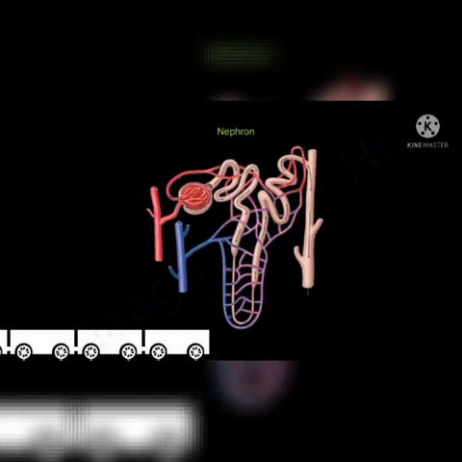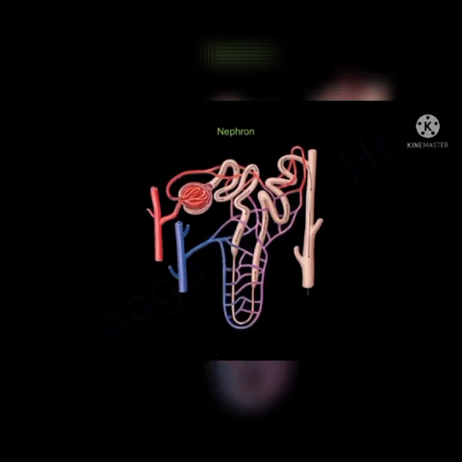This primary urine is equal to the blood in chemical composition except the presence of blood cells like RBC, WBC and platelets.